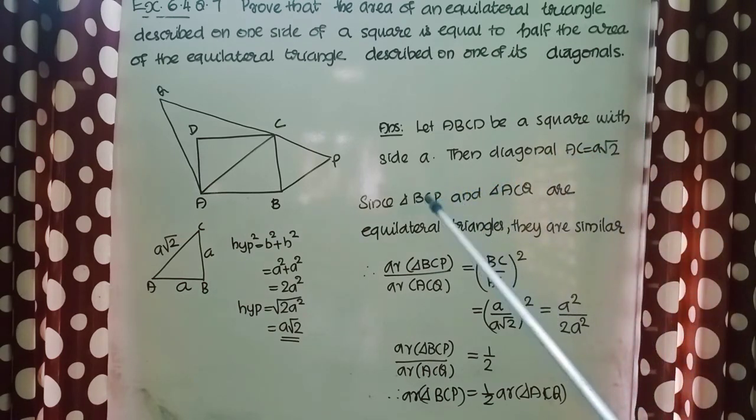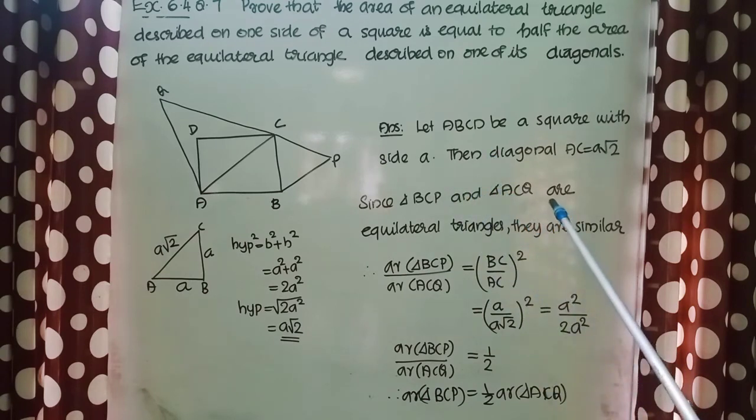We know triangle BCP and triangle ACQ are equilateral triangles, so they are similar. Therefore, we can write area of triangle BCP by area of triangle ACQ equal to BC by AC whole square. The length of BC is a. Length of AC is a root 2.